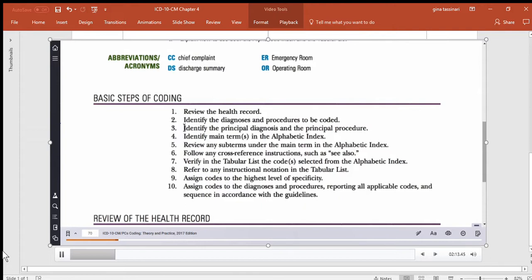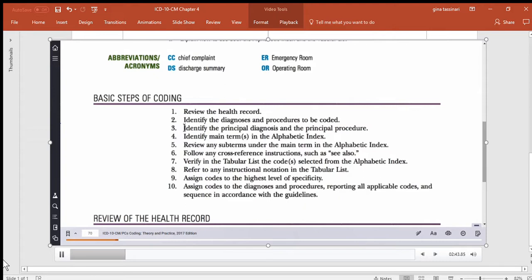But the ICD-10 CM, the diagnosis codes, you would use those as well with your CPT codes, with your HCPC codes, or with your PCS codes. When you are coding, you will always need a diagnosis code or codes, and you will also need procedure codes, whether those procedure codes come from the CPT, the HCPC, or the PCS.